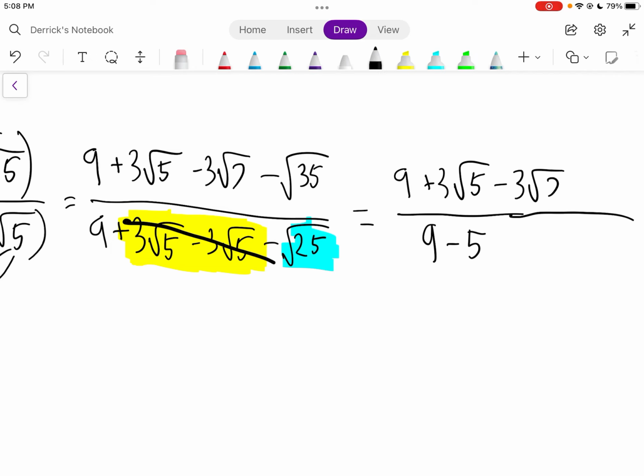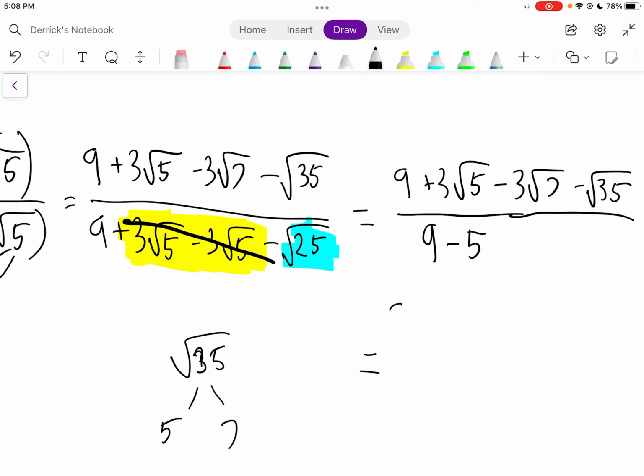The square root of 35, I would at least take a second to ask myself, can I possibly simplify that? But it turns out it's just 5 and 7, and so no, I don't have any pairs that I can pull out. Which means, as surprising as it seems, none of the terms in my numerator are alike. None of them are in common. So I can't cancel any of them or combine any of them.